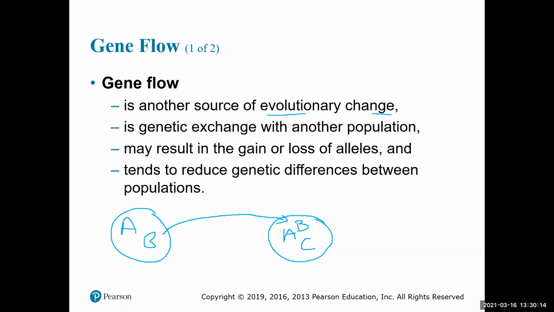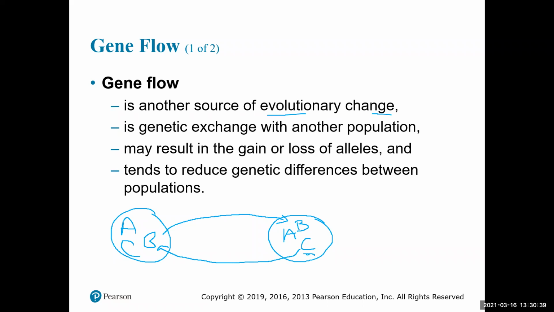And so now this population is different because it has the C allele, but it also has all of the alleles as the first population. So the first population is no different in terms of the A and B allele. But then let's say another individual migrates over here and reproduces, and it has the C allele. Now all of a sudden the C allele is introduced to that population, and your genetic differences have been reduced.